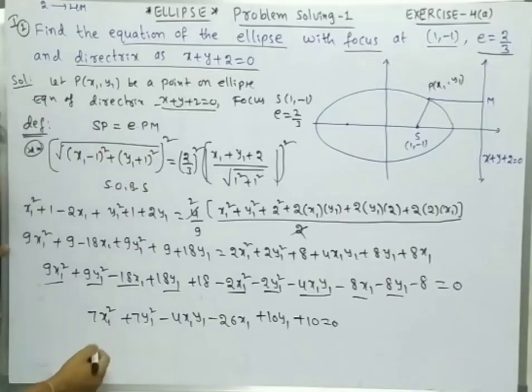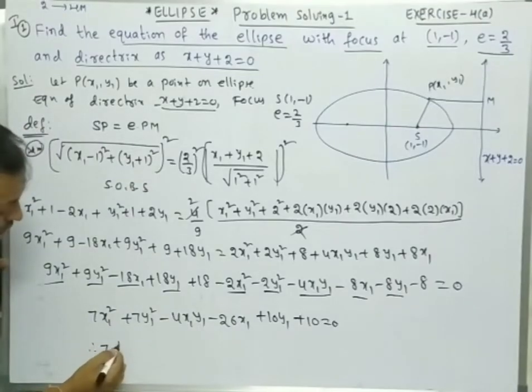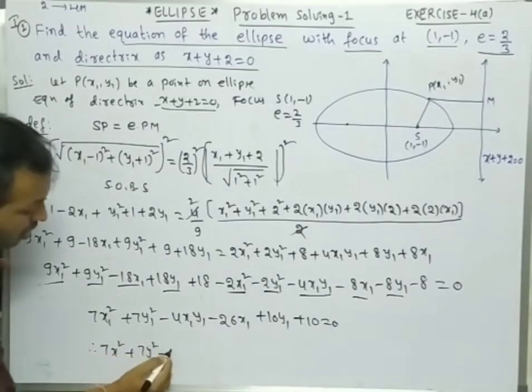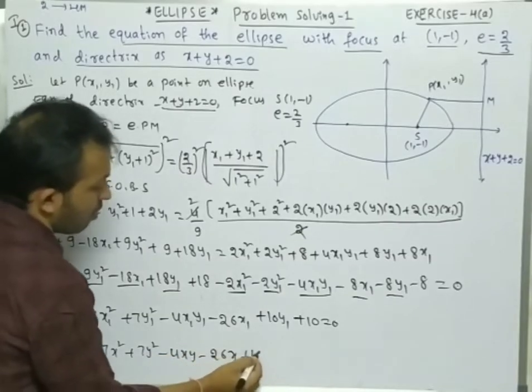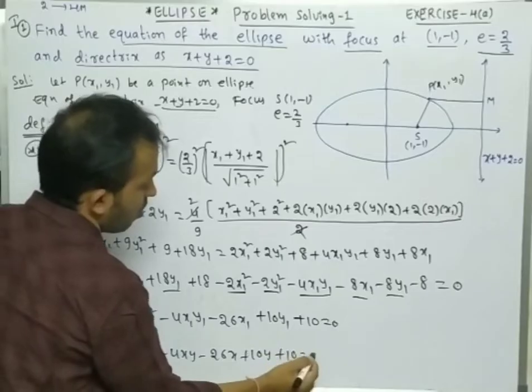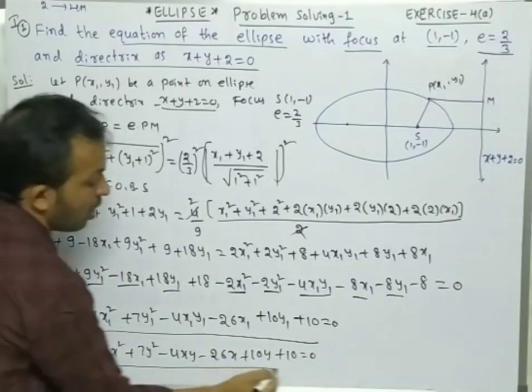Dropping the subscript 1, finally 7x squared plus 7y squared minus 4xy minus 26x plus 10y plus 10 is equal to 0, which is the required equation of the ellipse.